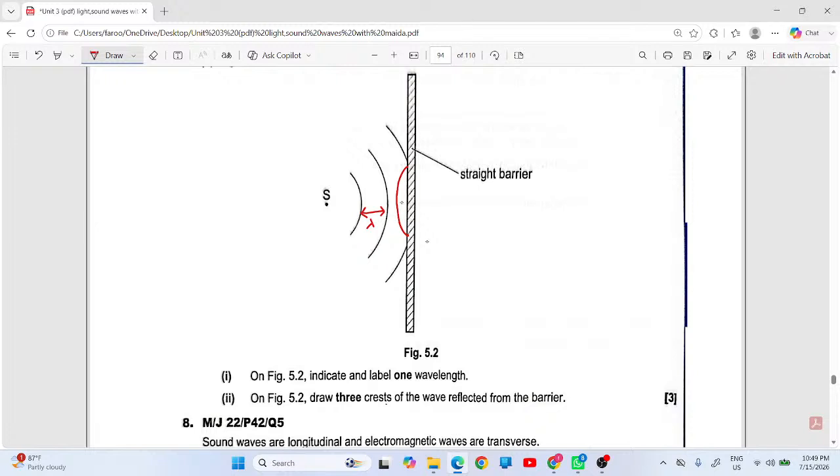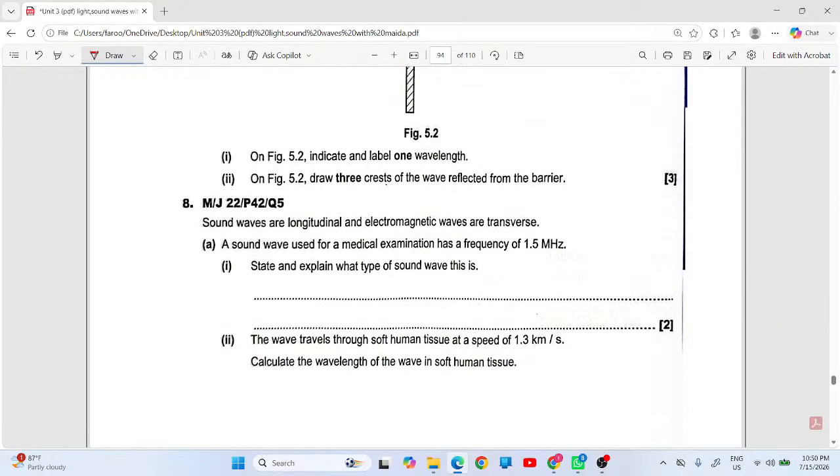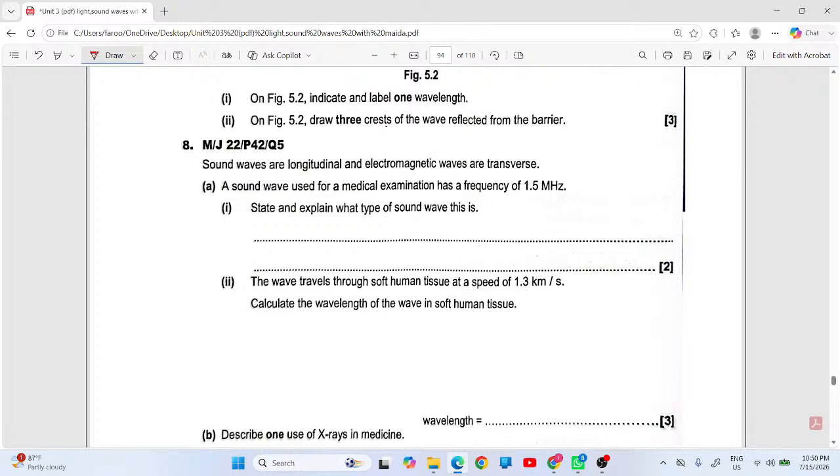First wave, second wave, and third wave. ऐसे third wave हम इधर बना देते हैं. And the wavelength is lambda.